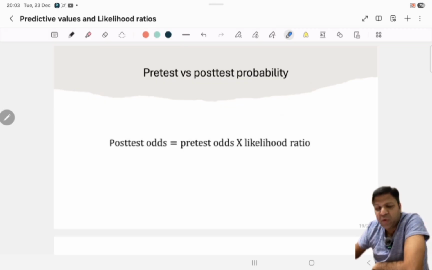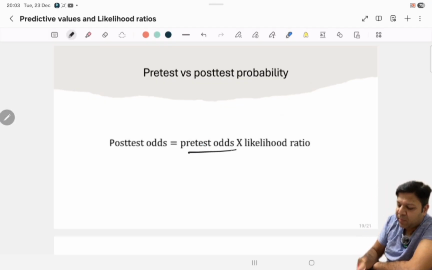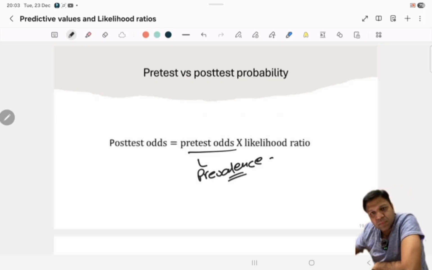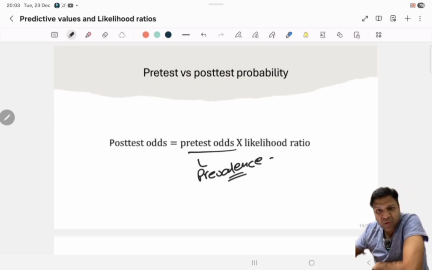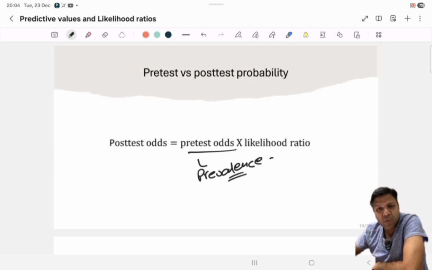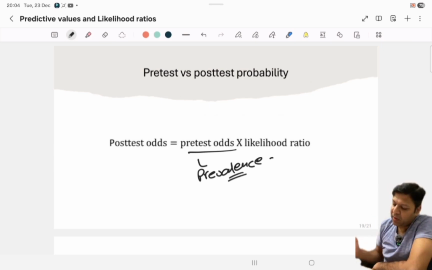If you think intuitively, on which factor will it depend? It will depend on prevalence, because the chances of having the disease in a particular patient depend on the prevalence of that disease in that particular population. That is what pre-test odds is.